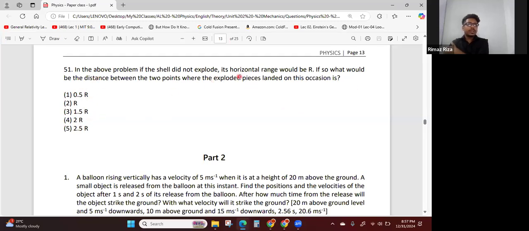The distance between both will be 0 when it explodes at the maximum height into equal masses. Right after the explosion, to maintain the same momentum, both will have the same velocity, so they will fall in the same place. Therefore, the distance between those two will be 0. So you can change one of these as 0.